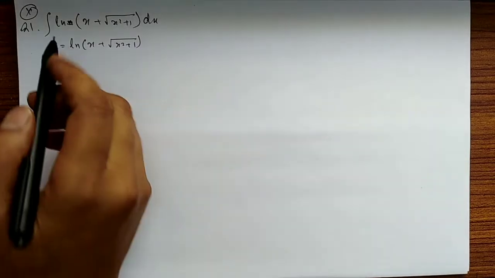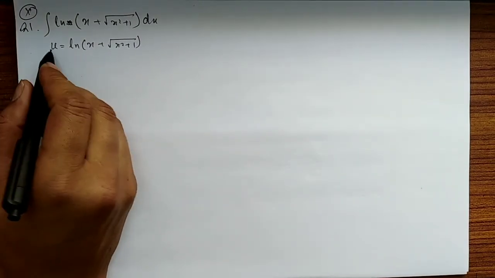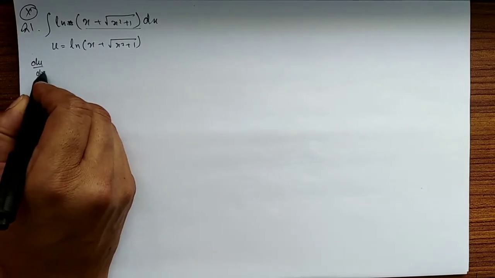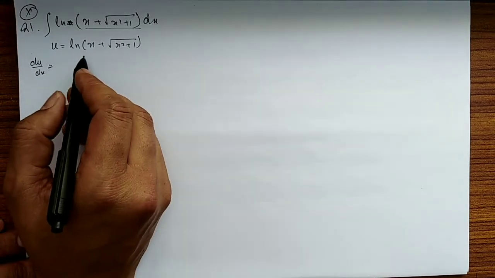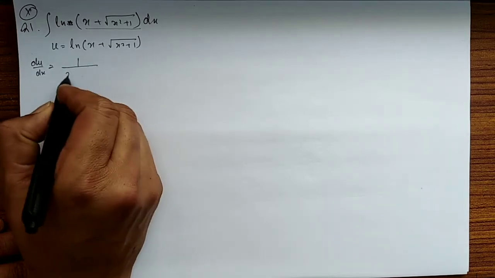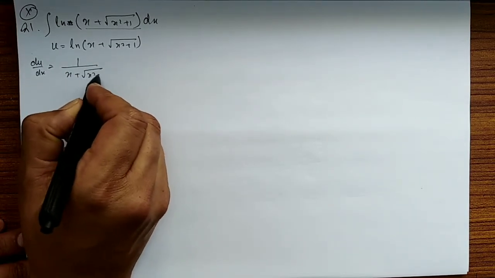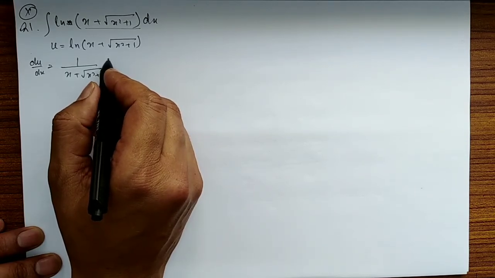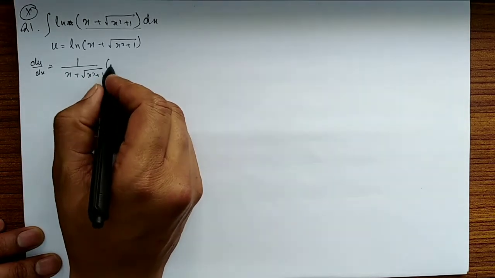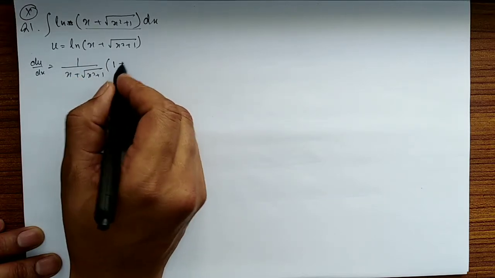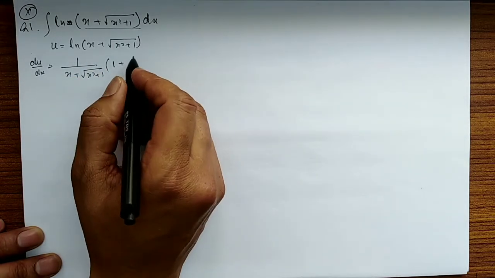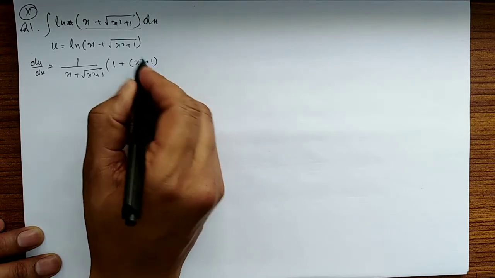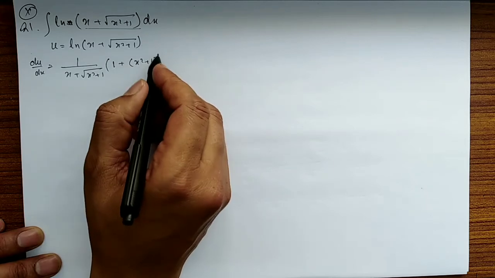Okay guys, this is question number 1 part 10. Taking this part as u and taking the derivative, du upon dx, that is 1 upon x plus root of x square plus 1 into the derivative of the function, that is the derivative of x is 1 plus the derivative of this part. We can write x square plus 1 with the root as power 1 upon 2.